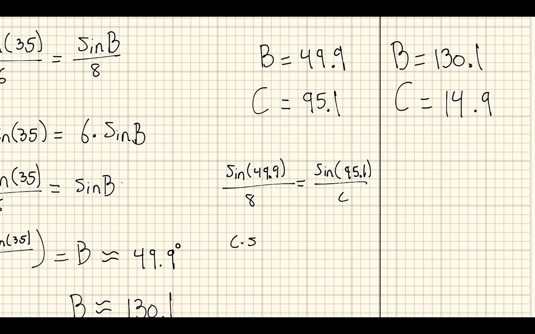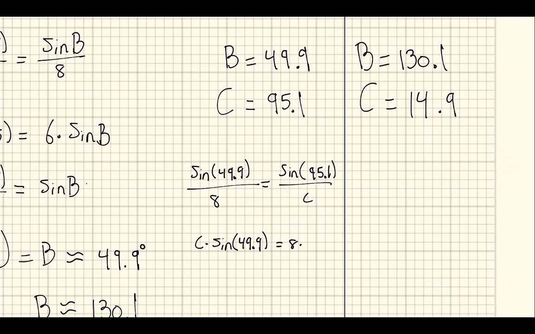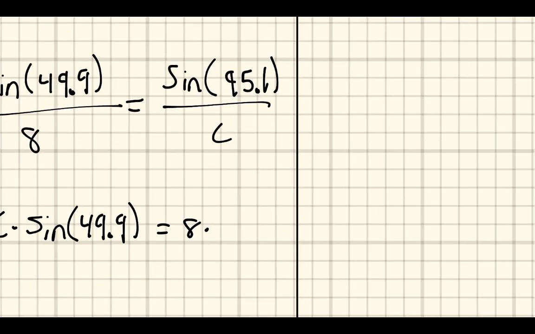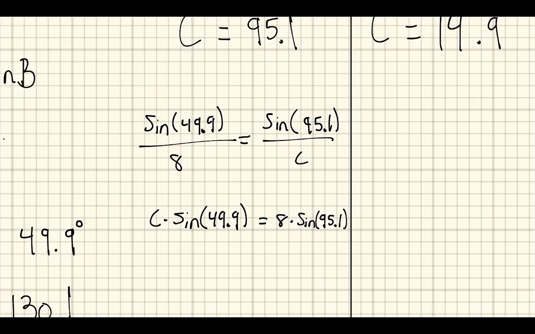C times the sine of 49.9 equals 8 times the sine of 95.1. And then just divide.